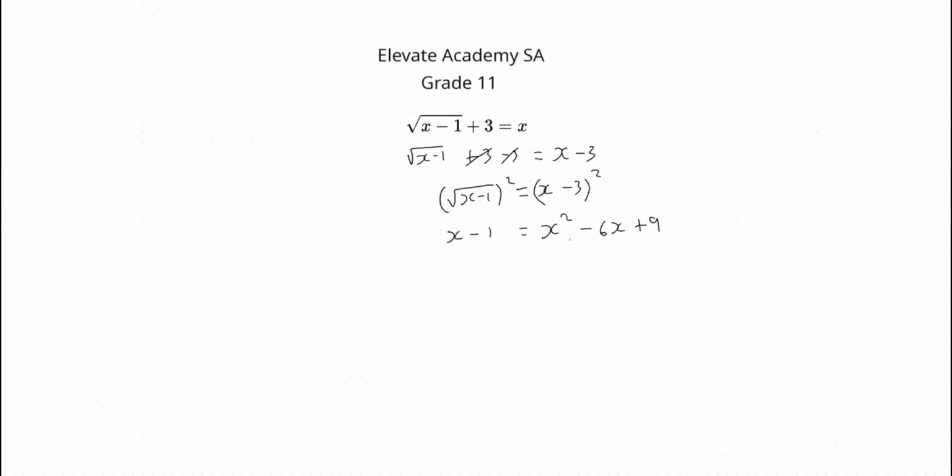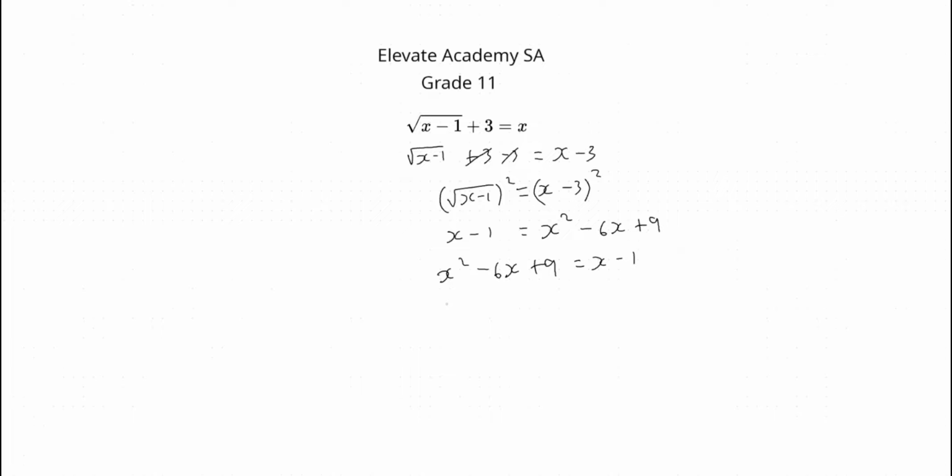Now at this point, what we need to try and do is get everything to one side, as we can see that this is a quadratic equation. So first I'll just swap the sides, which we can do in an equation. x squared minus 6x plus 9 equals x minus 1. Now this step isn't necessary, but I'm just doing it so that if you're not sure, you can understand.